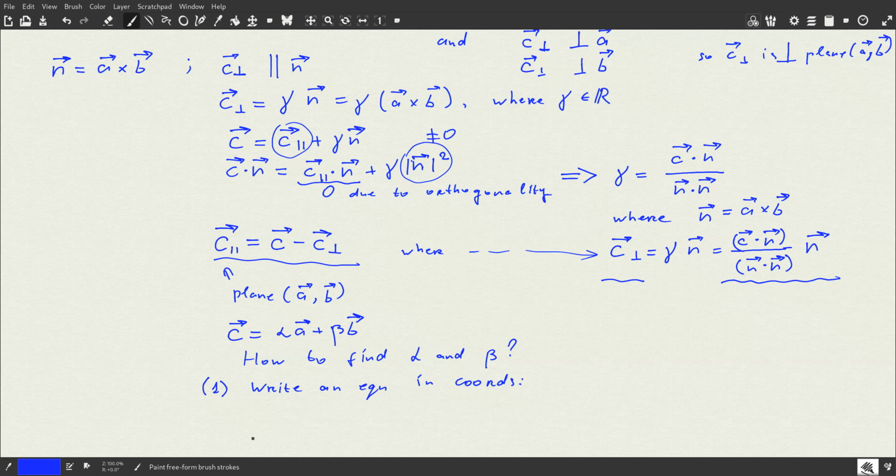So for example, it will be cx, cy, cz equals alpha times ax, ay, az plus beta times bx, by, bz.